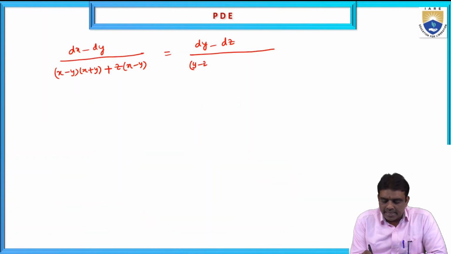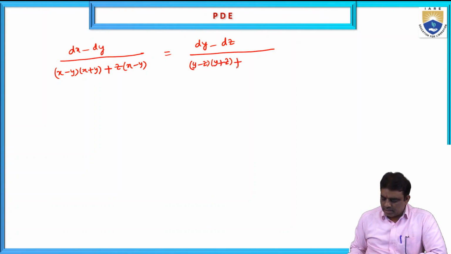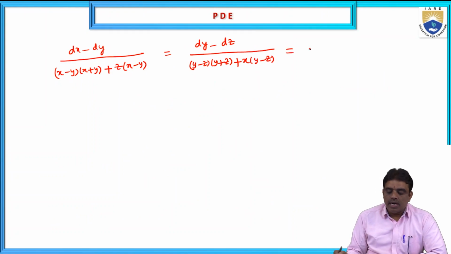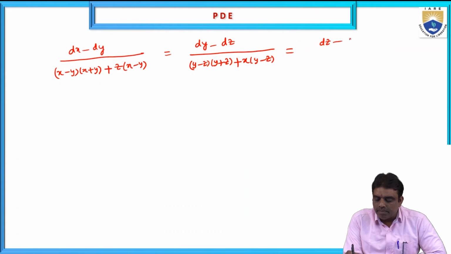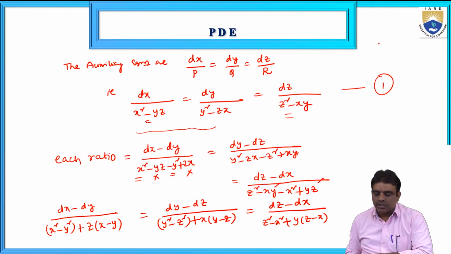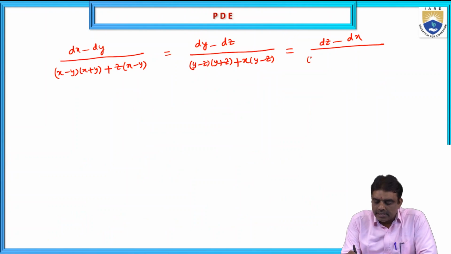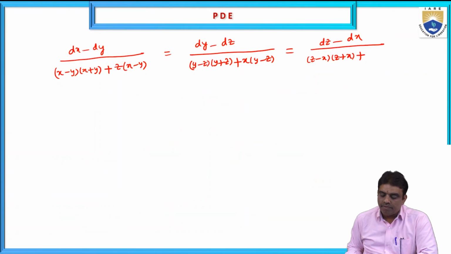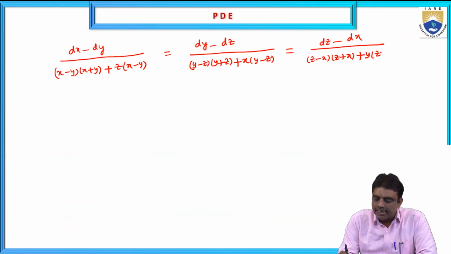That means y minus z into y plus z plus x into y minus z. And the last term dz minus dx by z square minus x square. So I can write it as z minus x into z plus x plus y into z minus x.